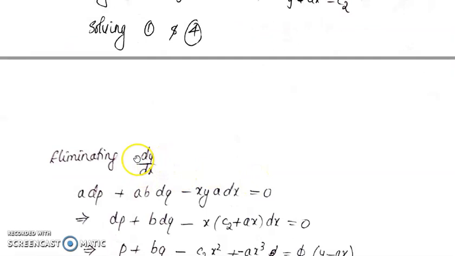Eliminating dy by dx, divide equation 1 throughout by dx and replace dy by dx by a. So you will get a dp plus ab dq minus xy a dx. Then a cancels out, so you will get dp plus b dq minus xy dx.